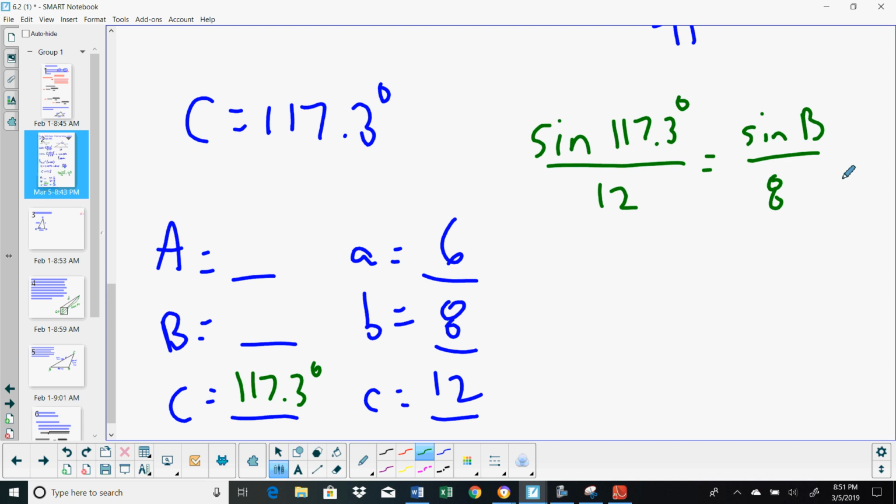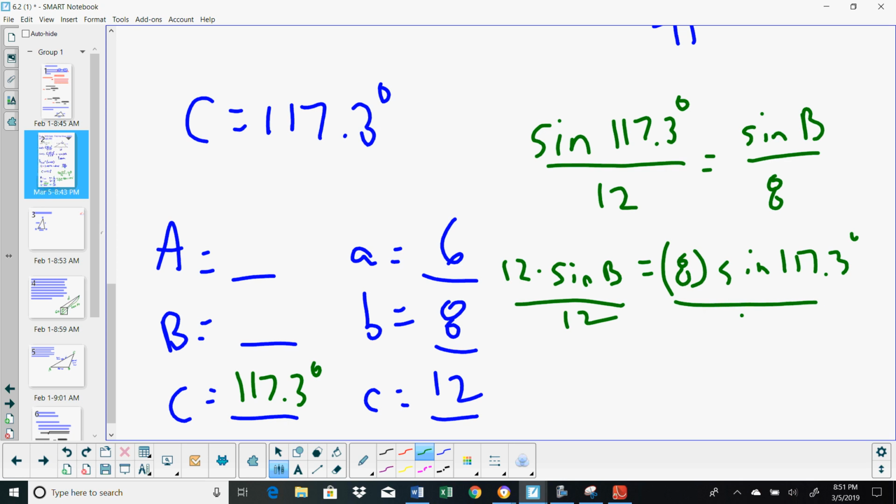And if we are going to cross multiply like we learned in section 6.1 and solve, we're going to end up getting sine of angle B times 12 equals 8 times the sine of 117.3. And we divide both sides by 12.